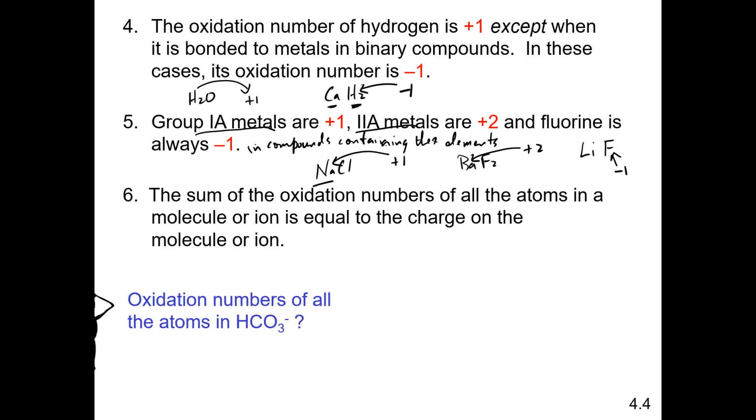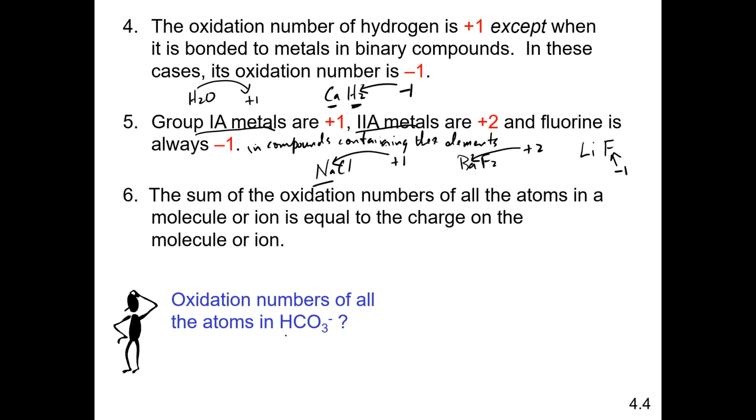All right. So for example, let's look at this formula here. The question is asking, what are the oxidation numbers of all the atoms in the hydrogen carbonate ion? Based on the rules that we talked about earlier, we know that hydrogen is +1 in most cases, and oxygen is -2 in most cases, right?